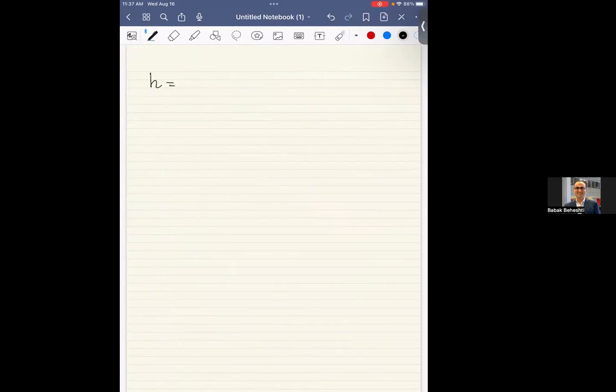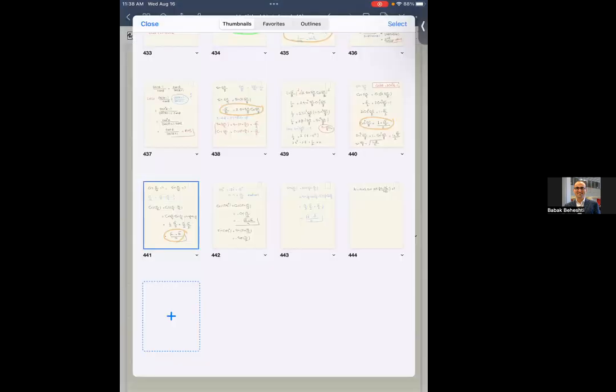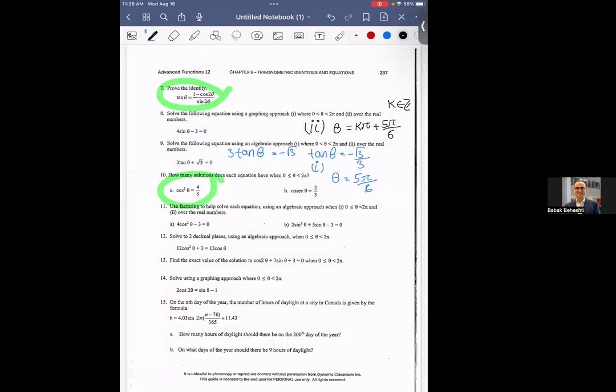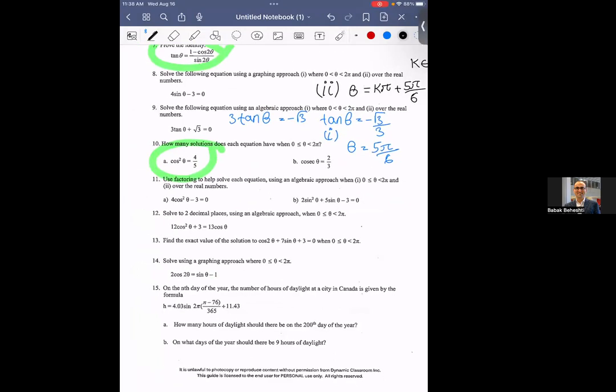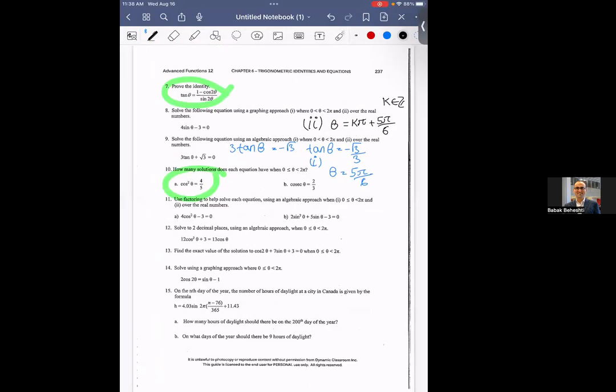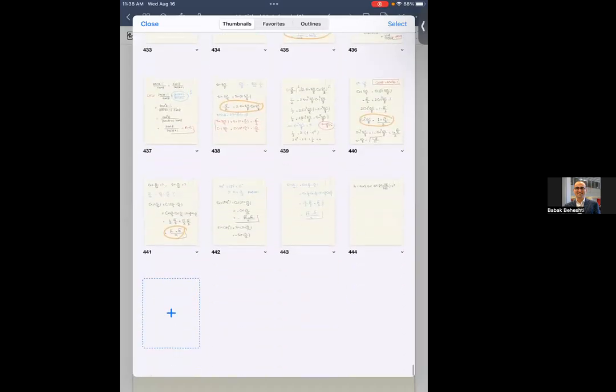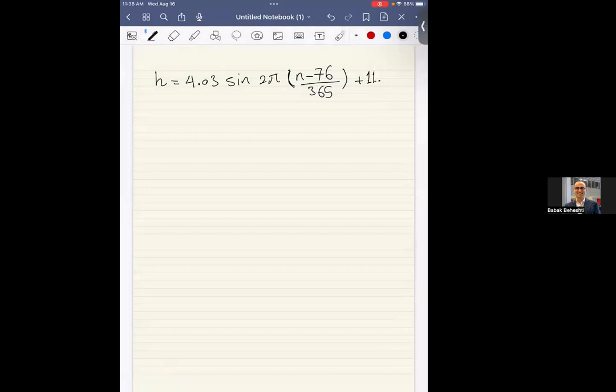H is, what is it? 4.303 times sine of n minus, plus, no, I think that's plus 11.3.